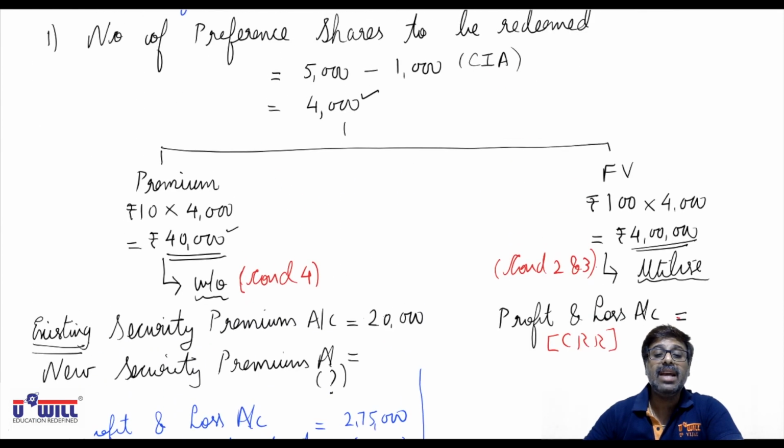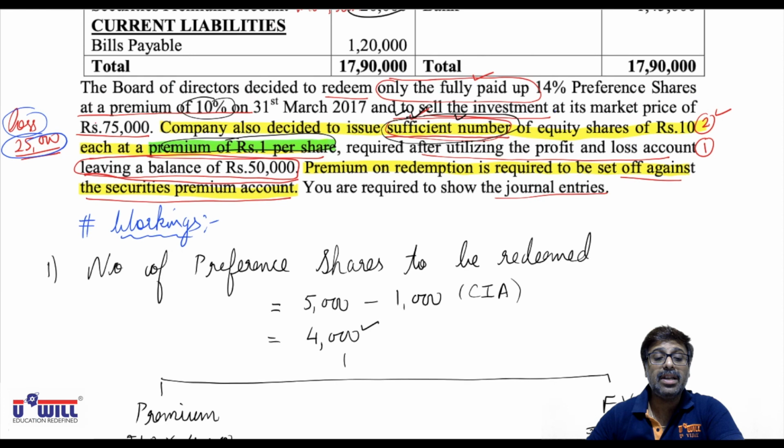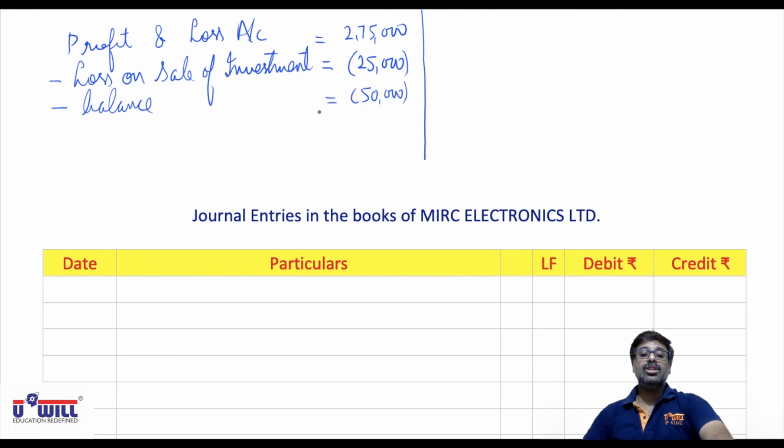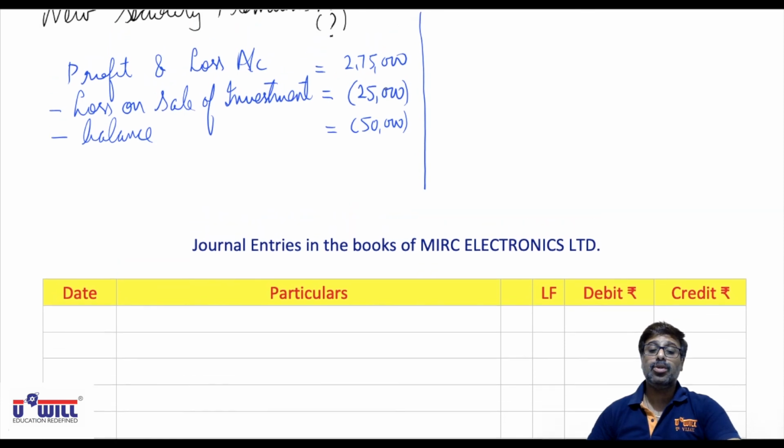Further, we have to keep a balance of 50,000 in the P&L account. We have to use the P&L account leaving a balance of 50,000 rupees, so this balance to be kept in the P&L account also cannot be utilized. Out of 2,75,000, loss on sale of investment is 25,000, so the P&L account will decrease by 25,000.